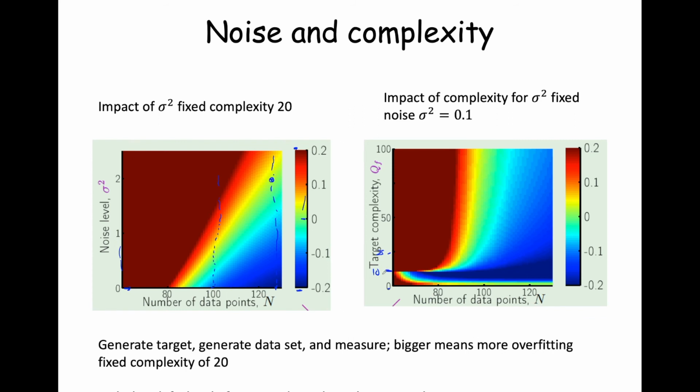Again, we're looking at two hypotheses: E out of G10, the degree 10 final best hypothesis, minus E out of G2, the degree 2 final best hypothesis. Now, if the target complexity is exactly 10, our complex final best hypothesis, G10, exactly matches the complexity of the target function.